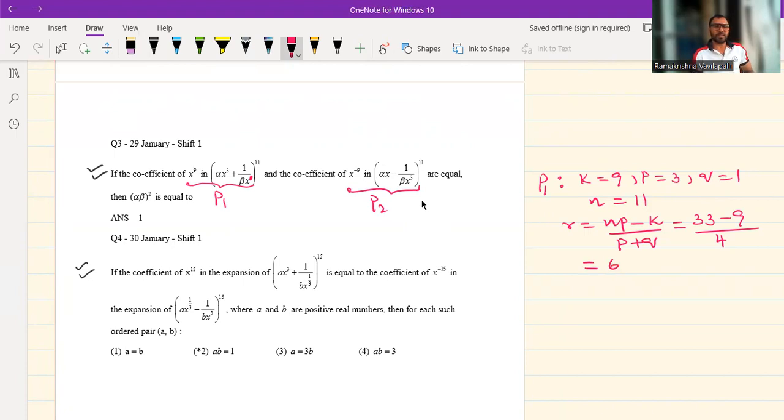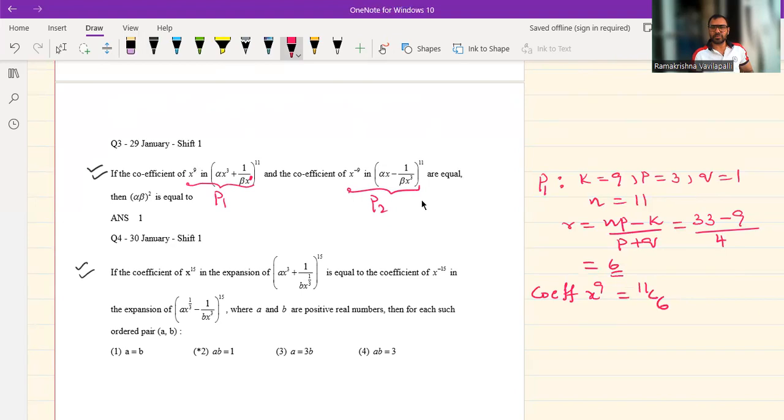So for part 1, what is the coefficient of x power 9? The coefficient of x to the power of 9 in part 1 equals, the r value is 6, and the n value is 11, so you can write 11C6. And what is the x cube coefficient here?